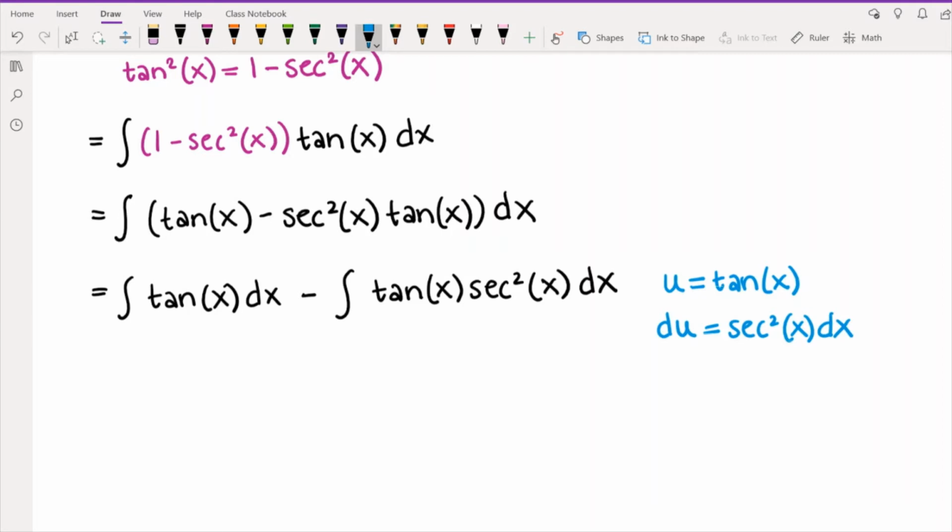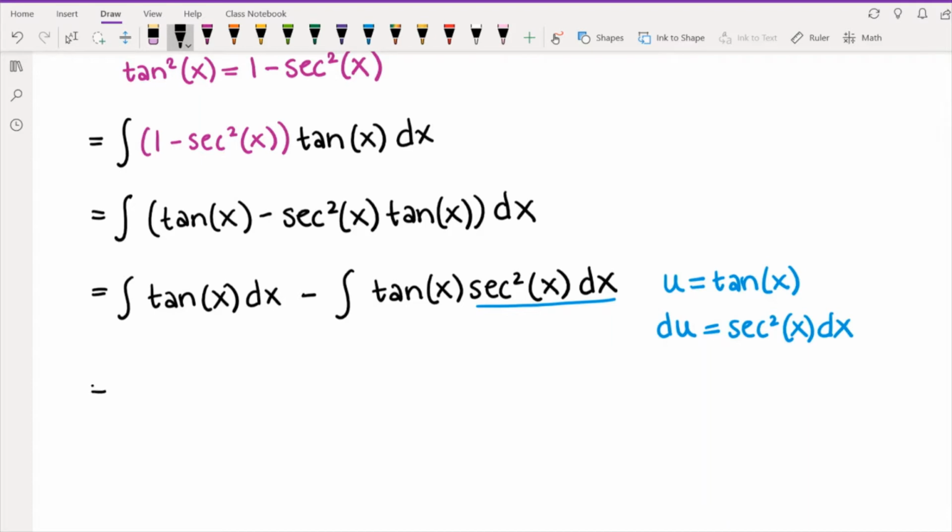So basically this whole secant squared of x dx will turn into du. I mentioned this in another video, but I'm probably going to stop solving for dx for the most part. If you wanted to, you could say dx is equal to du over secant squared of x and put that in and cancel. But you don't really have to do that. In most cases, if you can recognize that secant squared of x dx is exactly what I have in my integral, I can just replace that with du.